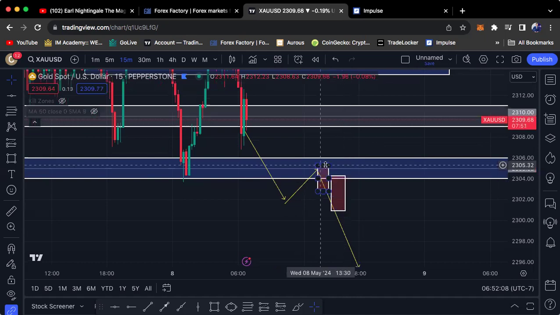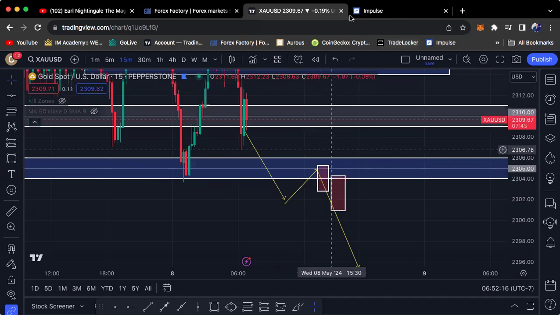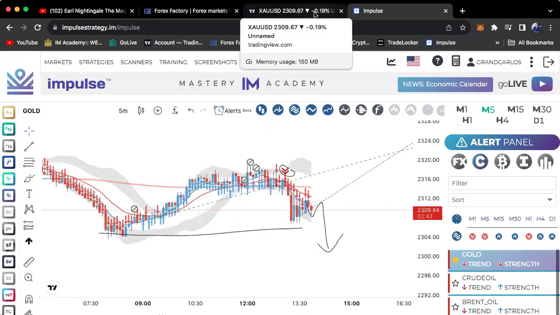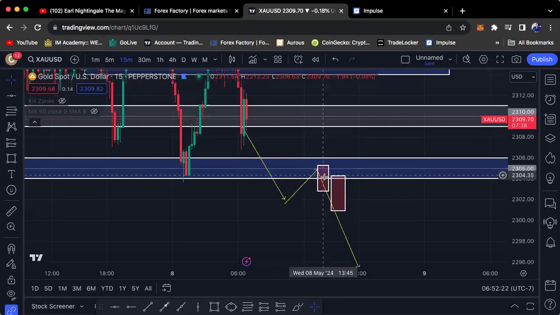But if it opens up bearish, and with Impulse giving you red signals, then you can enter at this candle. Those are for my risk takers. But if you want to be more conservative, more safe, just wait for the next bearish candle and enter at that candle.